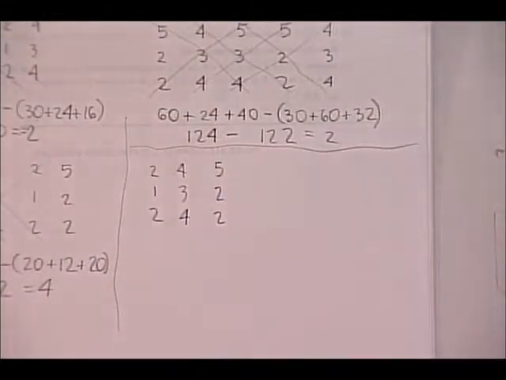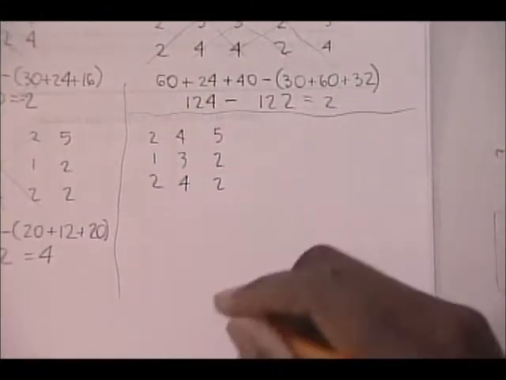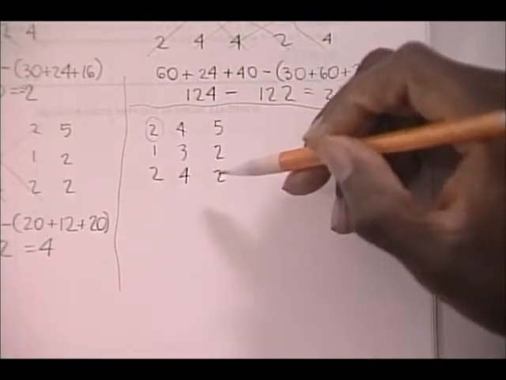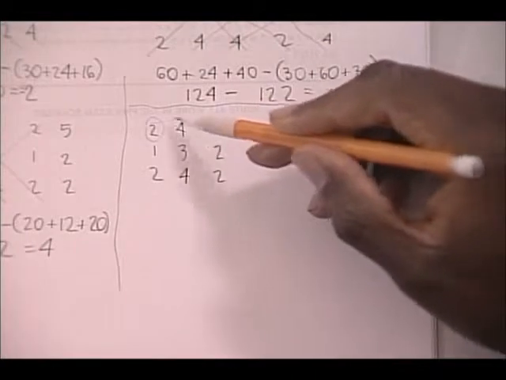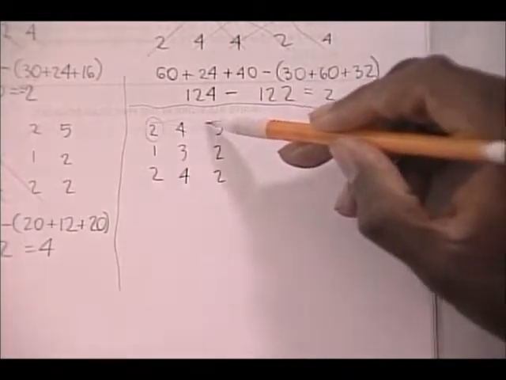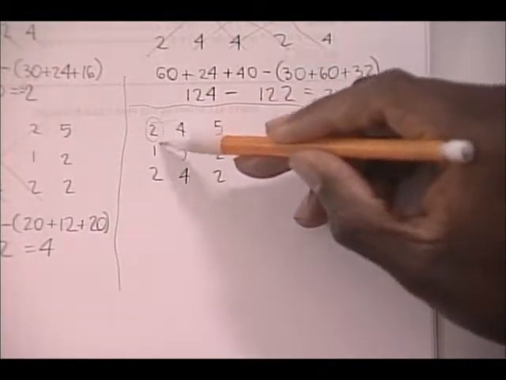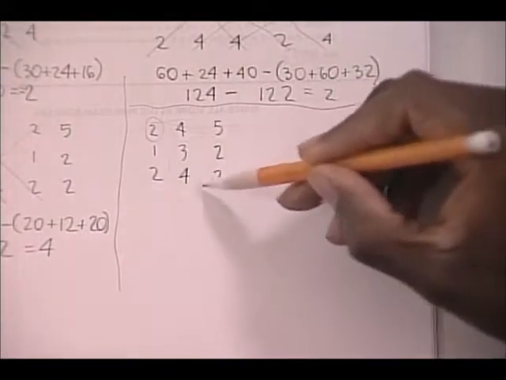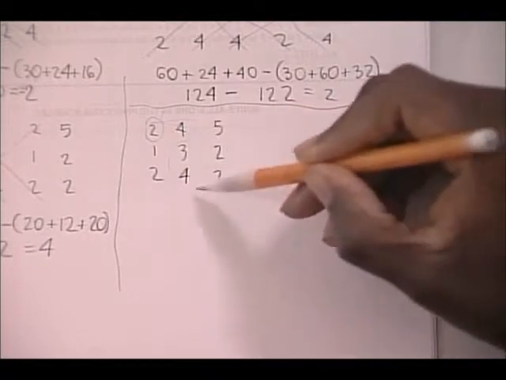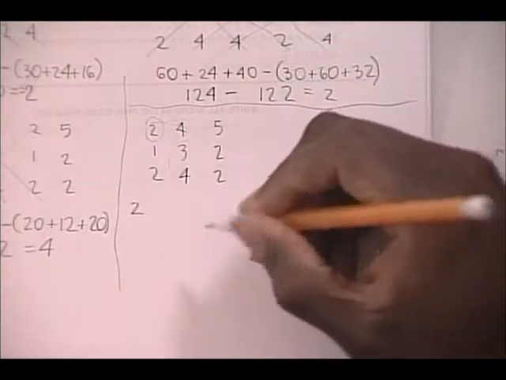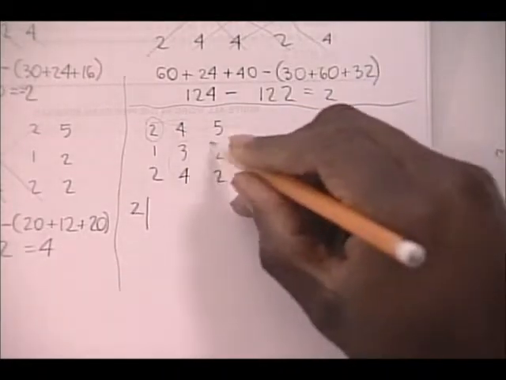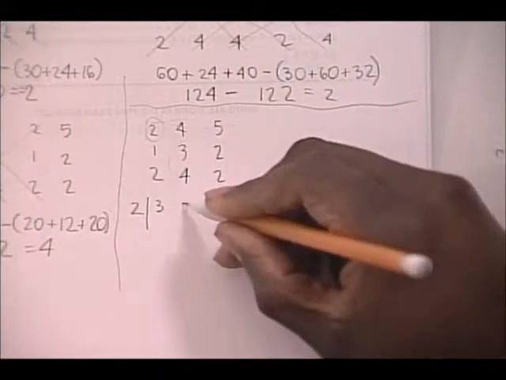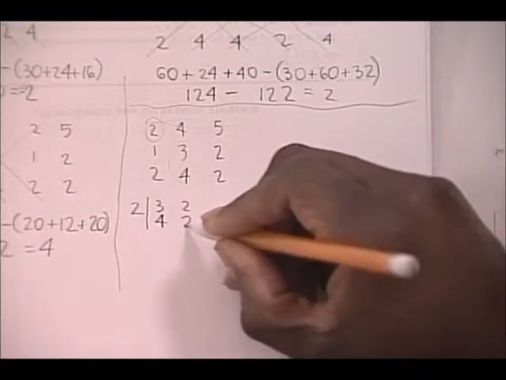So take this initial number here and act as though you're crossing out this row and this column, and you end up with a 2 by 2 matrix. You take this 2 and find the determinant of this leftover 2 by 2 matrix, which would be 3, 2, 4, 2.